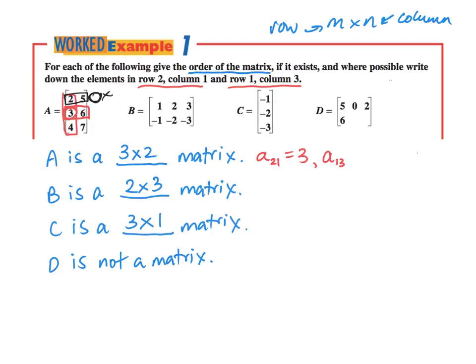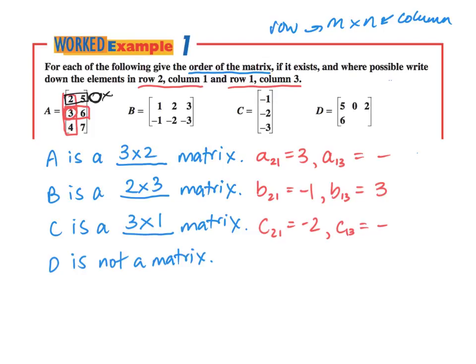So we then have to say, okay, there's nothing in there, so we can just simply put a dash. If we continue on, we're looking at the element B in row 2, column 1. Okay, so at this stage I'm going to pause the video and complete the rest and see if you can get the right answer as well.